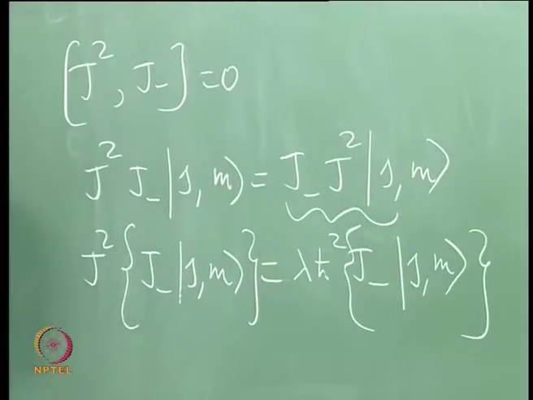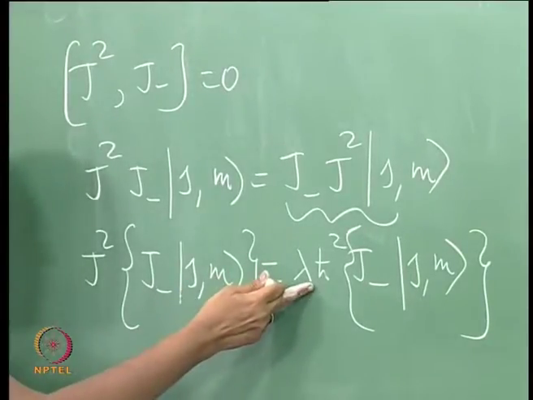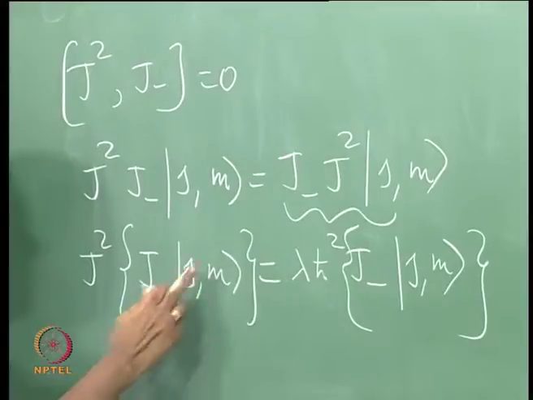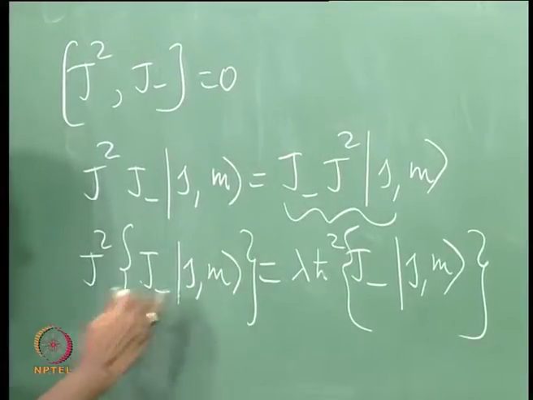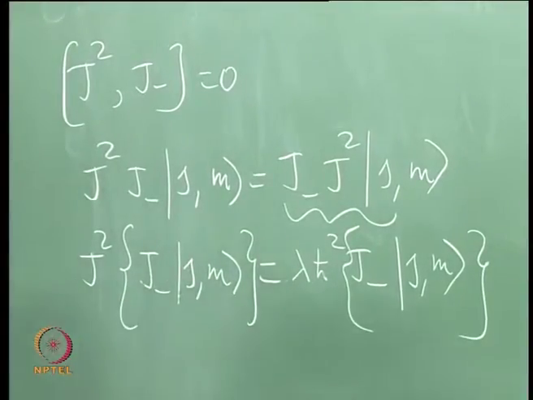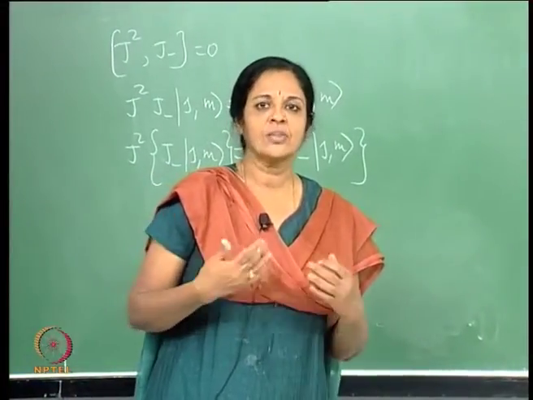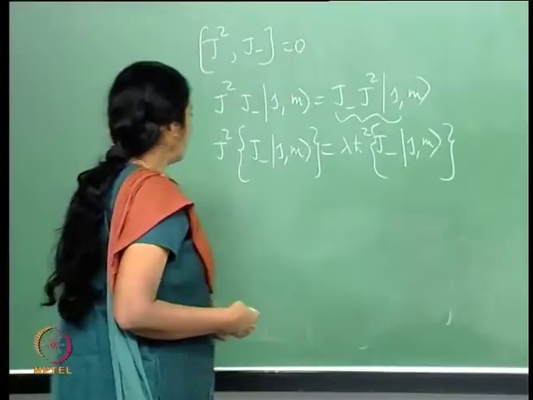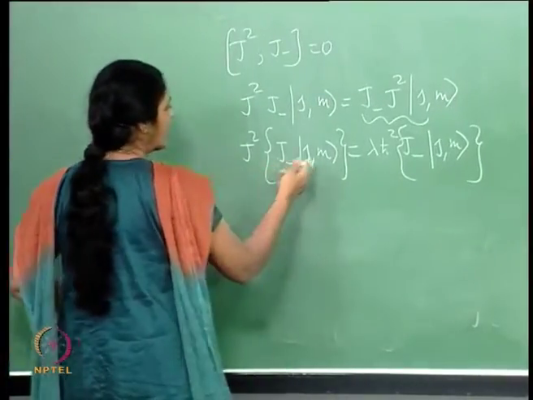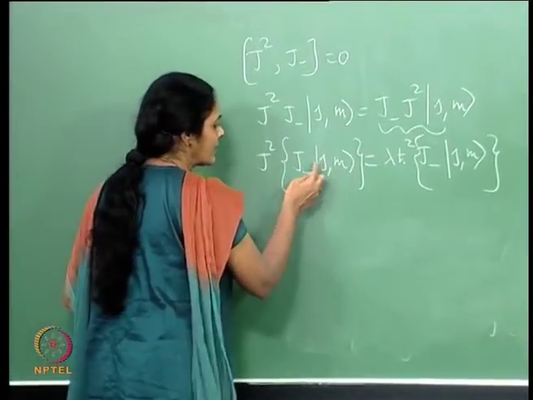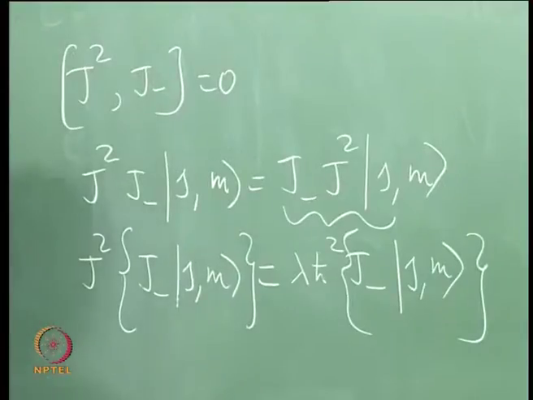That seems to be the same. And since lambda is a function of j, it looks like j is not changing when J minus acts on |j, m>. So, whatever I said about J plus acting on |j, m> also holds for J minus acting on |j, m>, in the sense that the j value does not change.